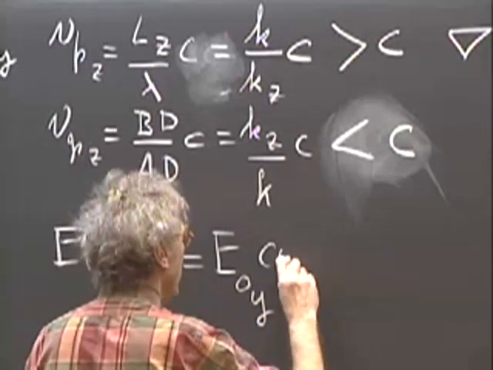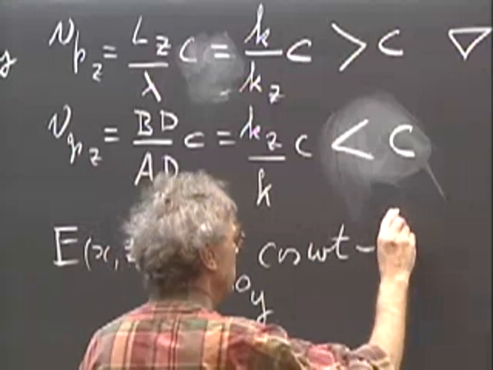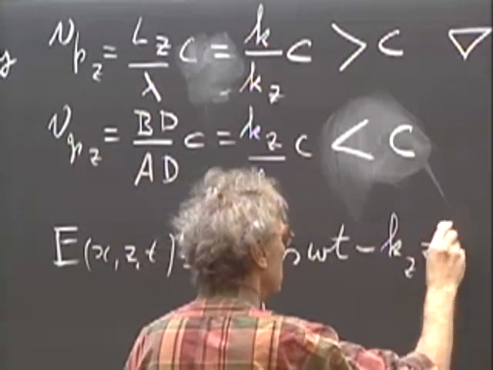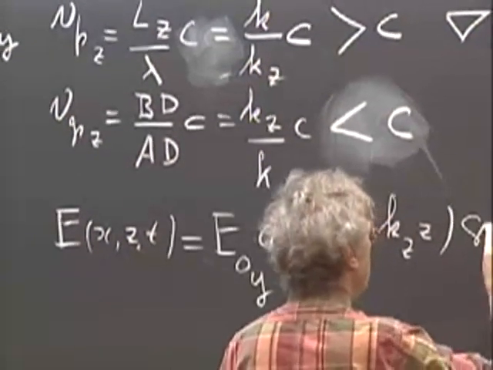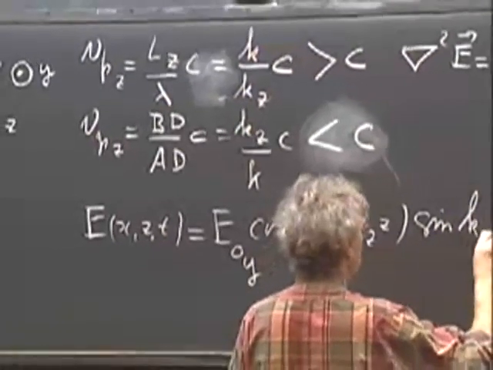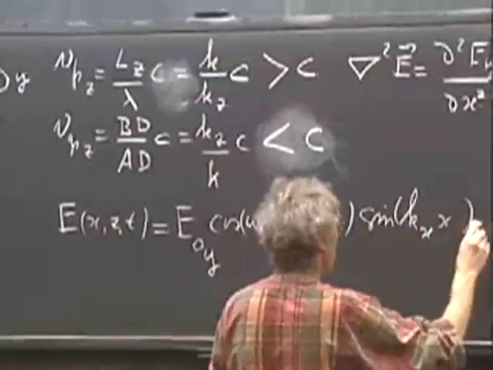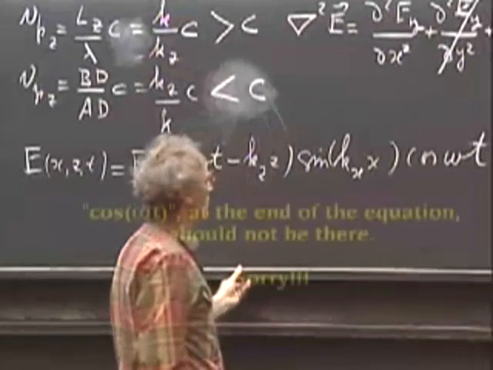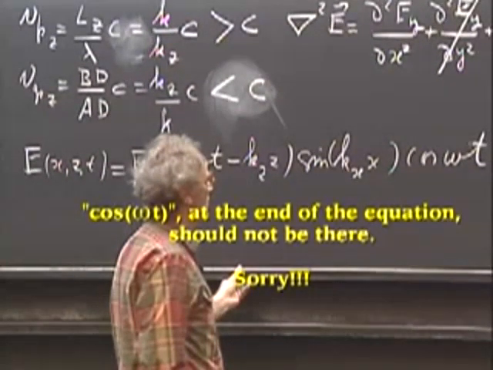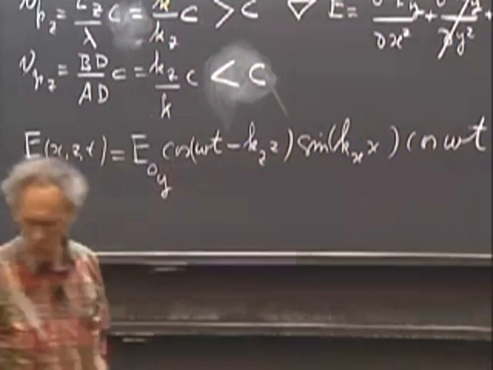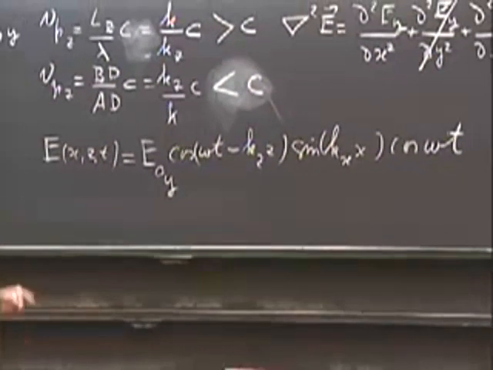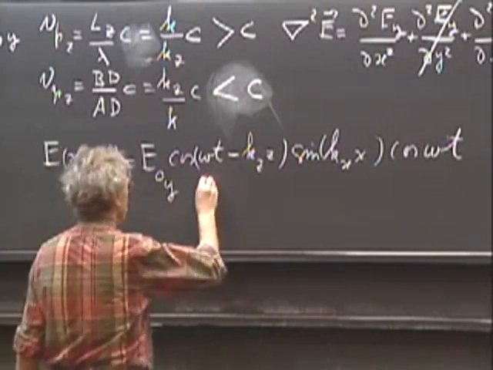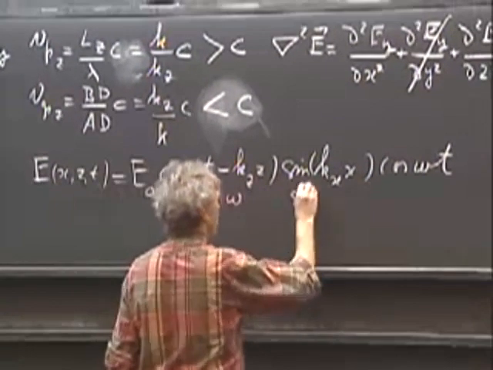And then we have the traveling wave in the z direction, and then we have the standing wave in the x direction. So you see here, it is staring you in the face, that this is a traveling wave and that this is a standing wave.